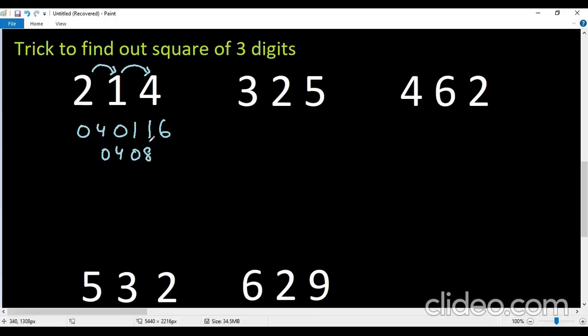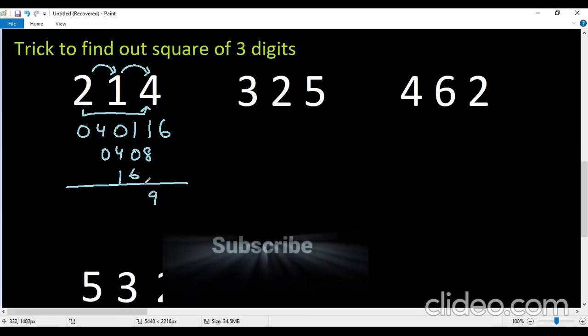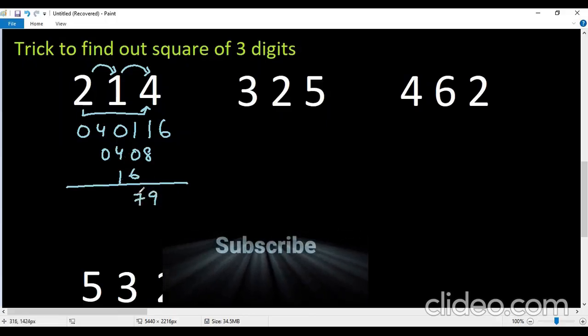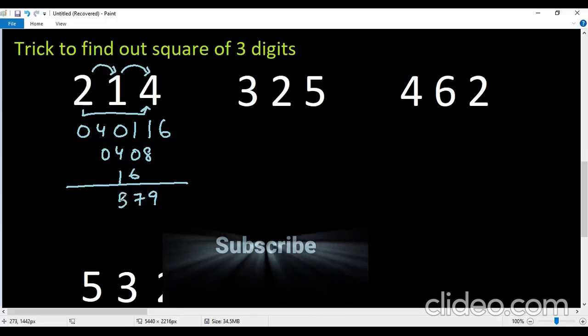Now 2 times 4 is 8, double of 8 is 16, so you write 16 like this, and you add them up together. This gives you 6, 8 plus 1 gives you 9, 6 plus 1 gives you 7, 4 plus 1 is going to give you 5, and this 4 is going to come down.